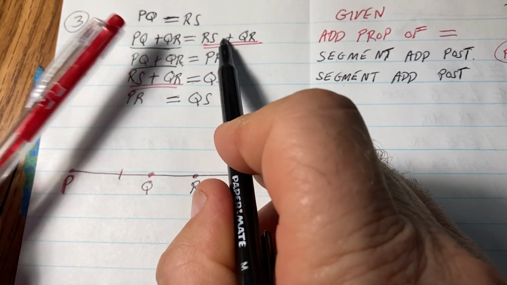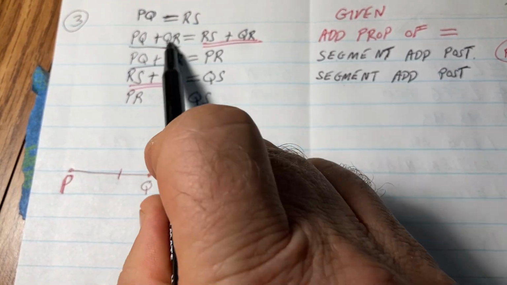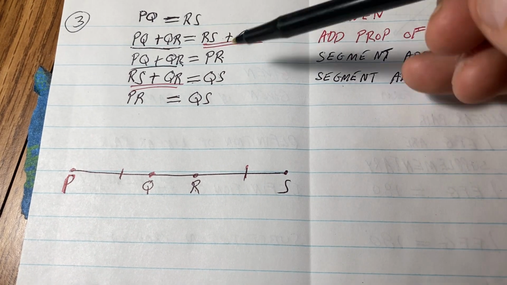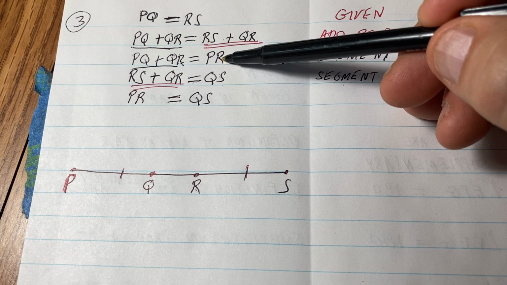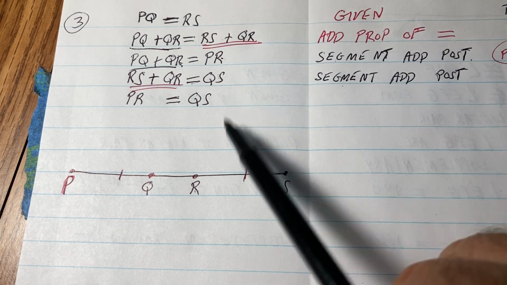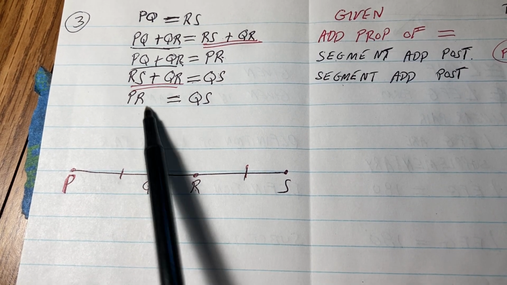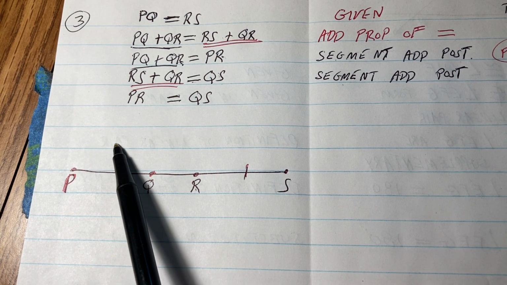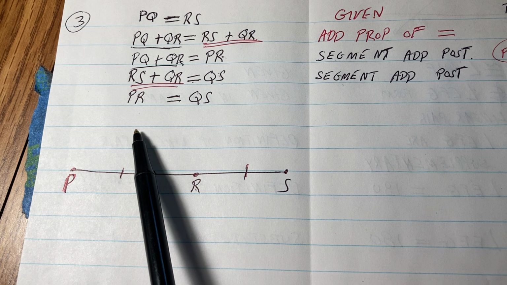If those are equal to each other, if that's equal to this, according to this, then what do we know about these two? PR and QS. What do we know about PR? There's only something that was written down. What would it be? PR equals QS.